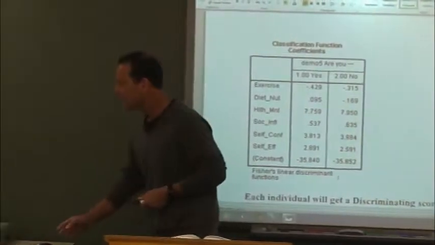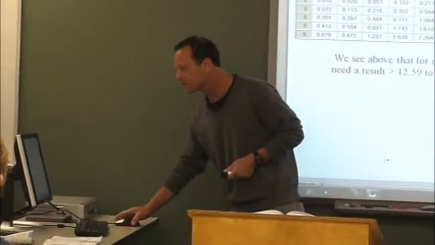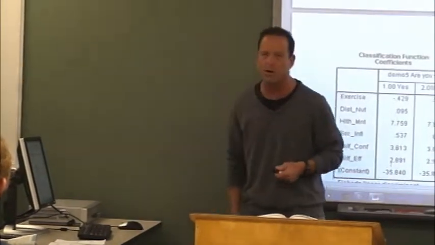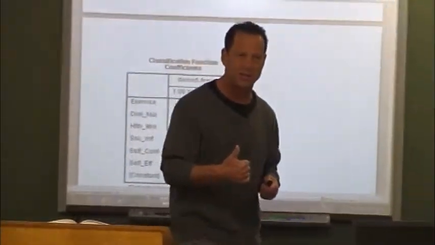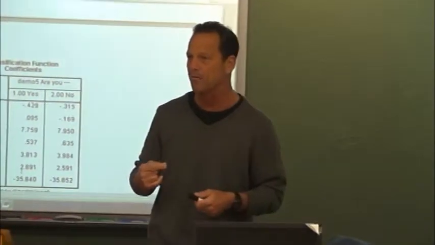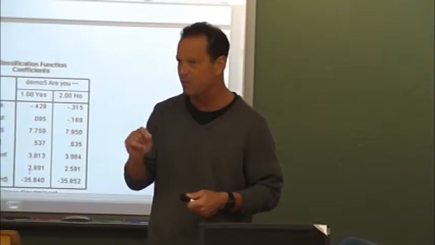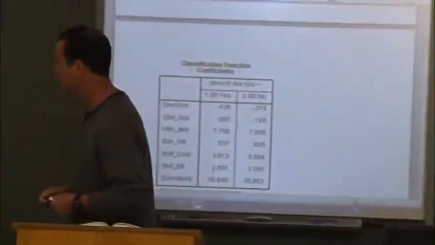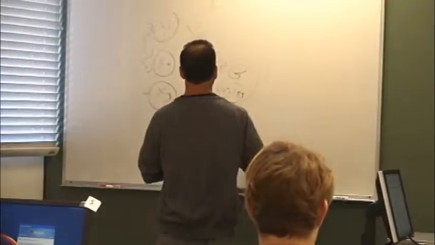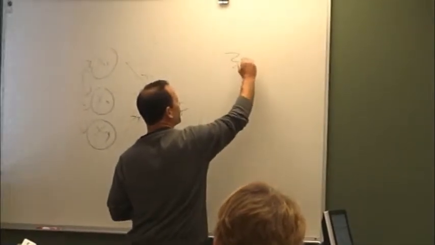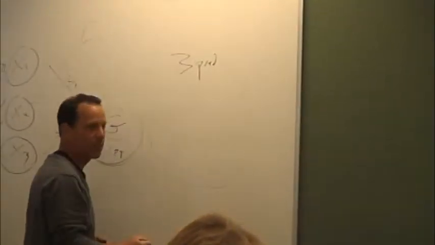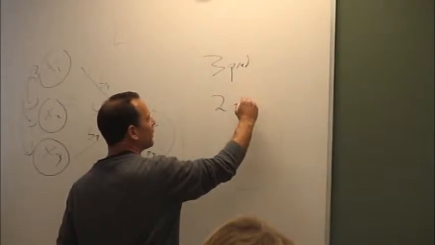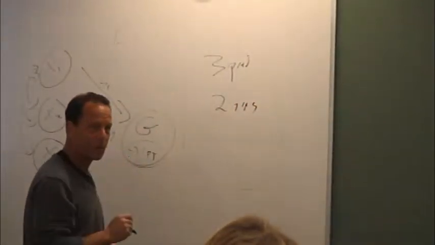Absolutely. So we do this discriminant function analysis, and as you learned, you're going to get as many functions as the minimum of the number of groups minus one or the number of predictors. So in other words, if I have three predictors, or what we call discriminating variables, and two groups, how many functions will I have?